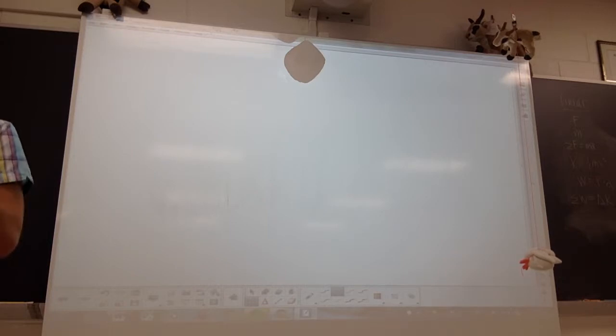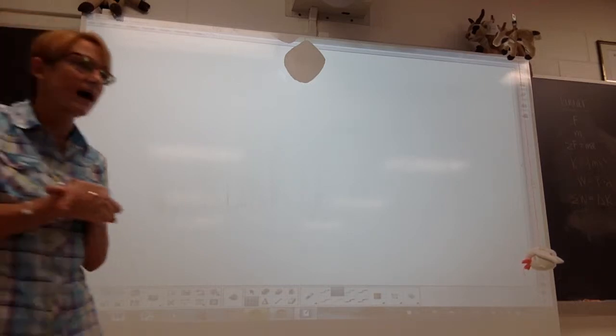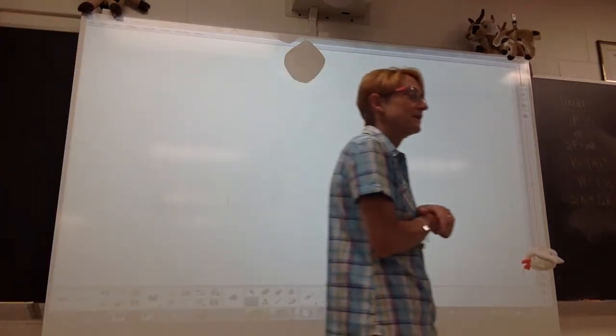So I is rotational inertia, how hard it is to get it to roll or rotate. The bigger the I, the harder it is to rotate. Does that make sense? The smaller the I, the easier it is to roll. So therefore, that will change how it translates.